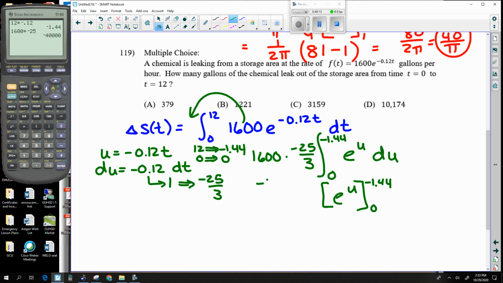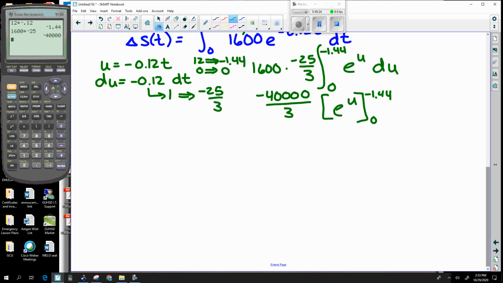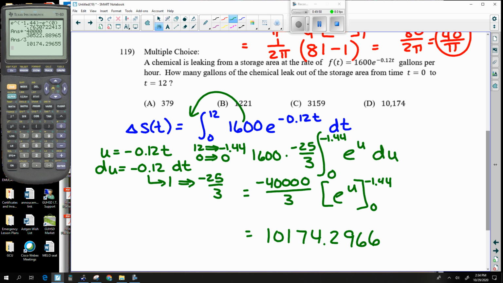This is why you couldn't really understand what I was trying to say. e to the u is going to be e to the negative 1.44. I'll just go ahead and put all of this in now. Minus e to the 0, which is 1. And then I'm going to be multiplying by negative 40,000 divided by 3. Done.